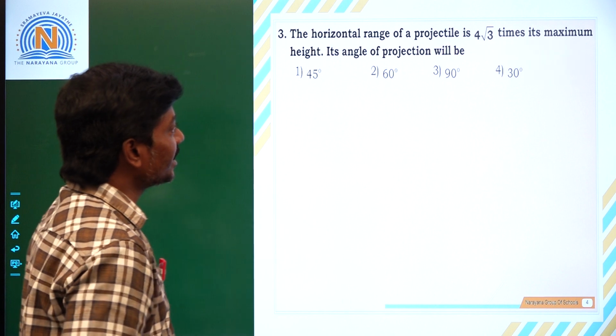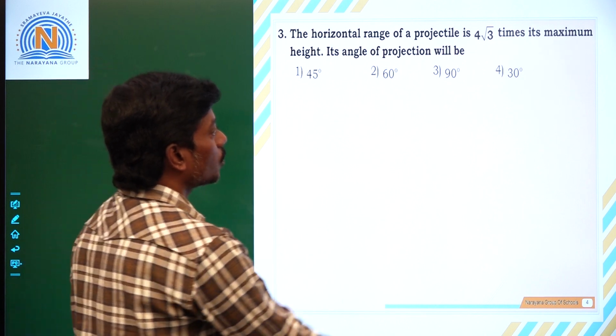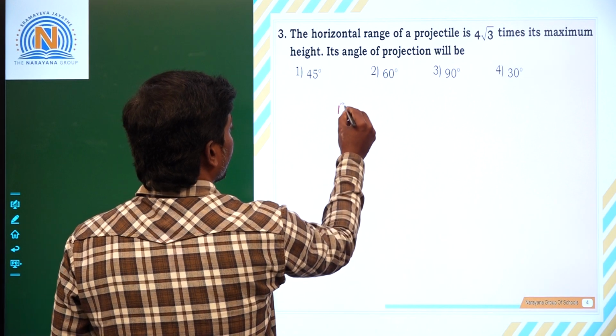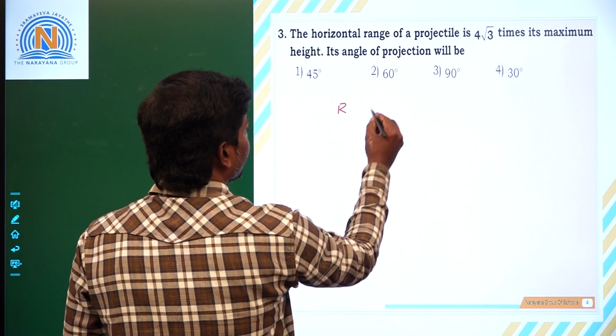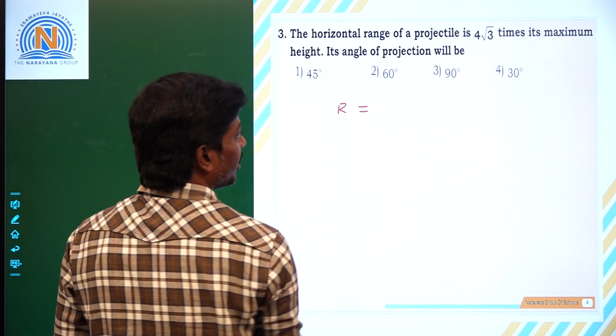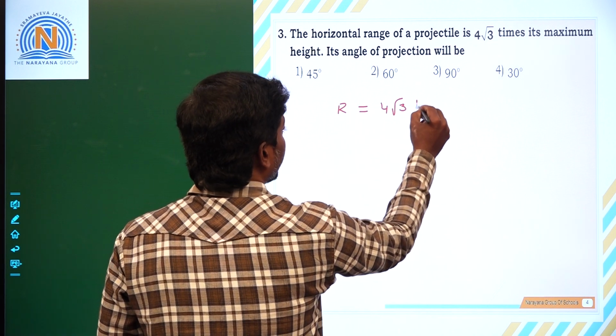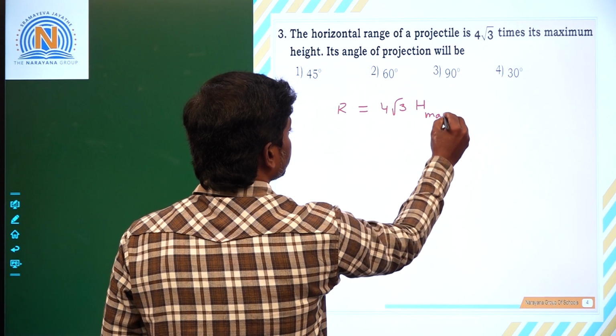So let's go with the third question. The horizontal range of a projectile is 4√3 times its maximum height. In the question they have given that the horizontal range of a projectile, capital R, is equal to 4√3 times the maximum height, H max.